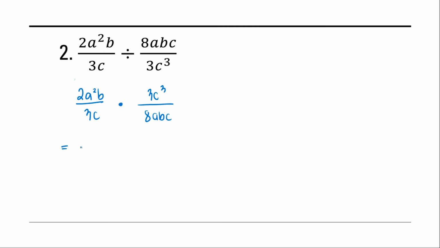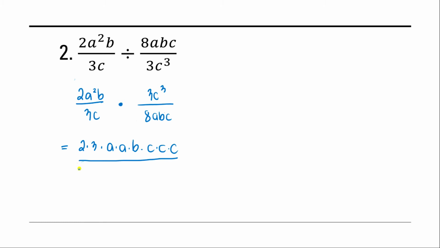So we have 2a squared b times 3c cubed. So we have 2 times 3 times a times a times b, and then c cubed. For the denominator, we have 3c times 8abc.